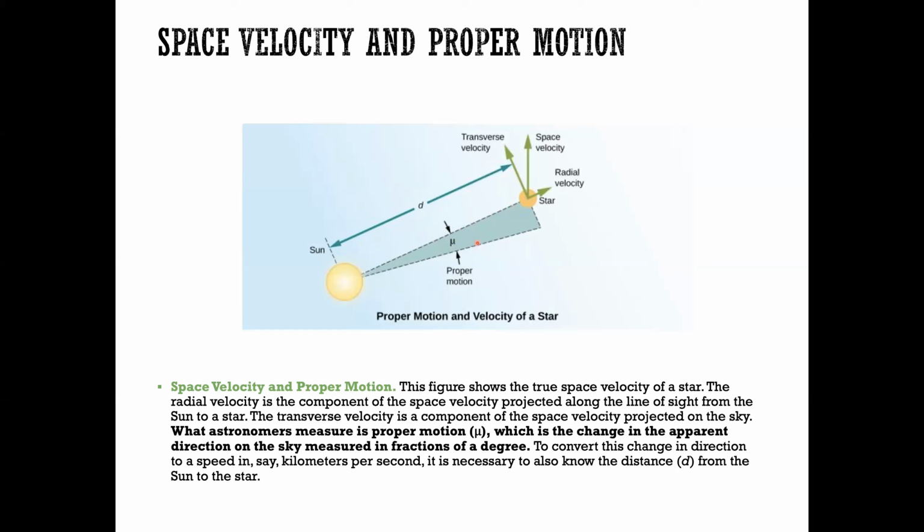So remember, practically, this is what you can measure: the radial velocity and the proper motion, right? Proper motion is normally indicated as mu, and it is given in arc seconds or arc minutes. Normally, it should be arc seconds, right?